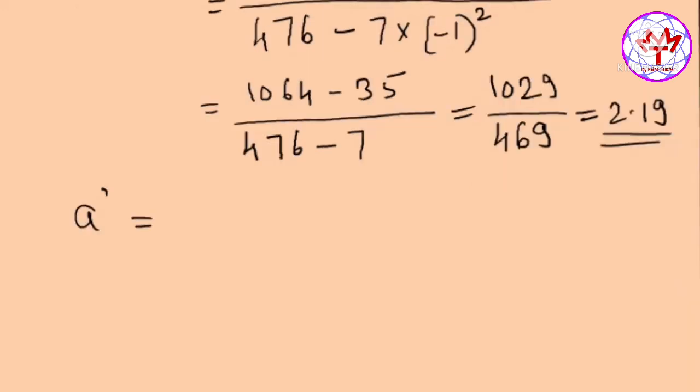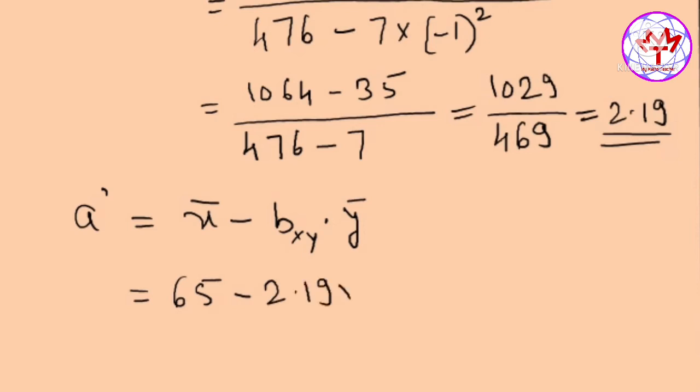Now we'll calculate a dash. A dash is equal to x bar minus bxy into y bar. So substitute. X bar is 65, bxy we have calculated 2.19 into y bar, that is 59.